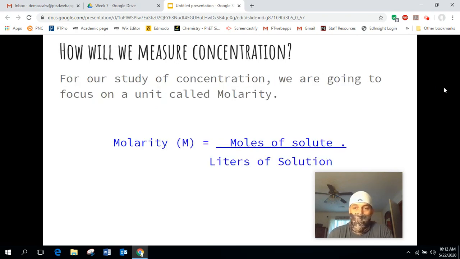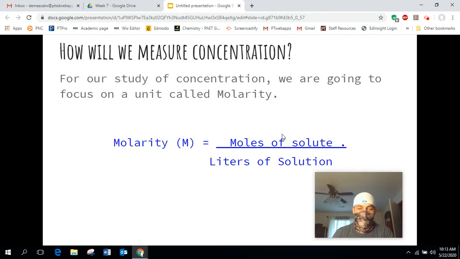As we study concentration, we're going to look at this calculation called molarity. Molarity is a unit of concentration, and it's defined as the moles of solute over the liters of solution. So if you need to calculate the molarity, and you know how much solute you have, and you know the volume of your solution that you want to make, you would take your solute, if it's given in grams, and you would convert that to moles.